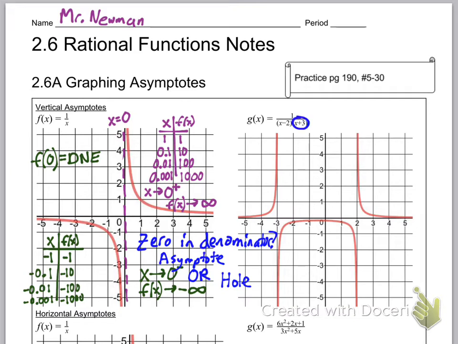So on the right side here, you have 1 over, I went in and factored this for you, x minus 2 times x plus 3. Notice that x plus 3, if I plug in -3 into the function, you get 0 in the denominator. So we're going to have a vertical asymptote at x equals -3.